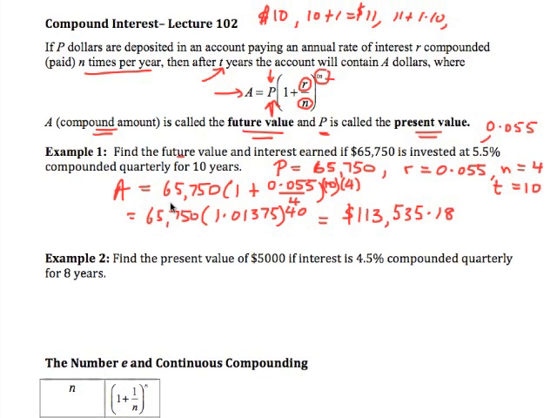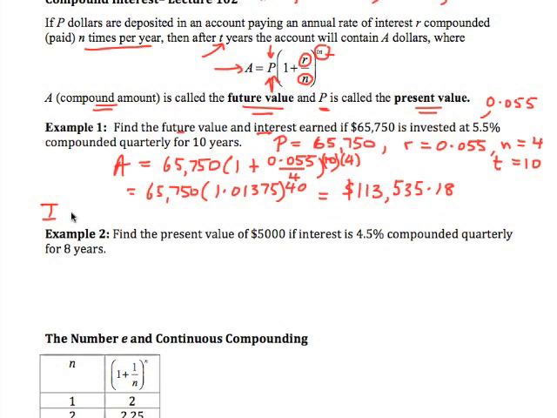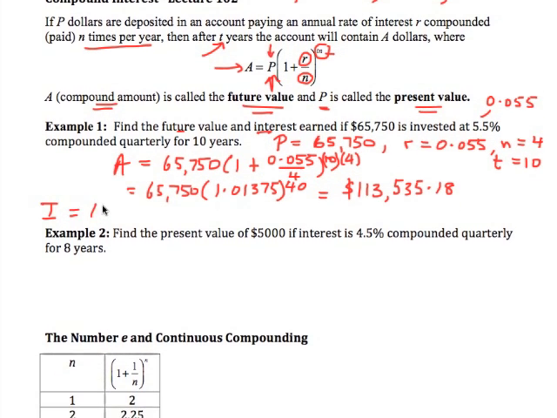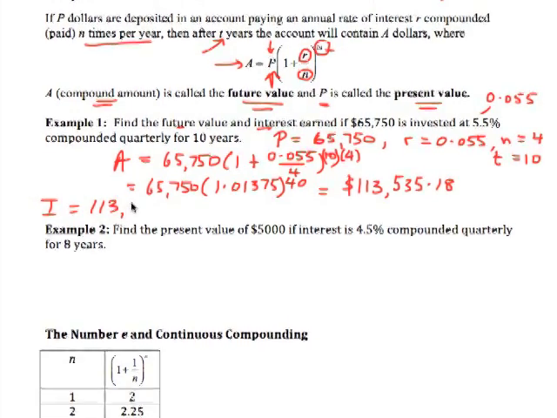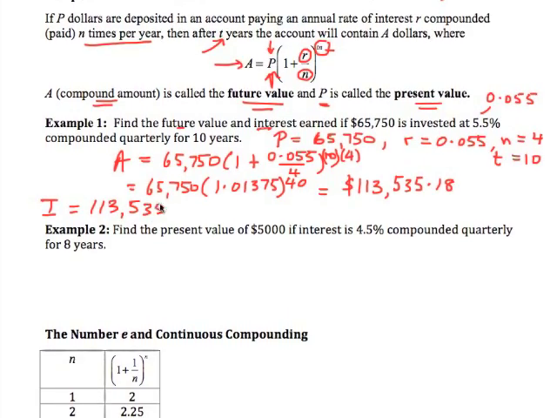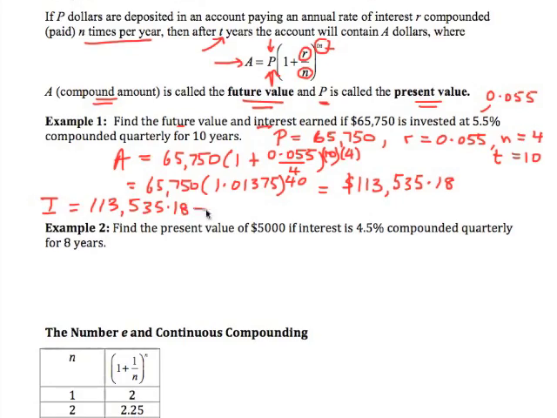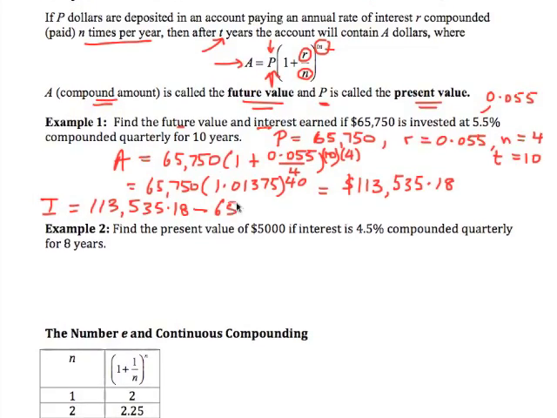All right, now, of course, what then is the interest earned? Well, the interest is going to be how much we have here minus what we had to start with.